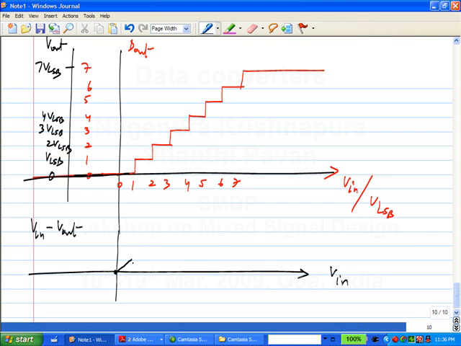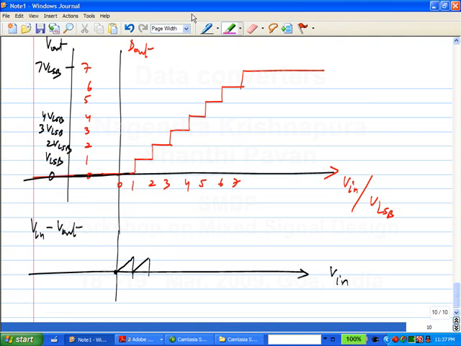At V in equals VLSB, the output jumps. So this curve also jumps. It becomes 0, right? So this is what happens. Every time there is a jump in the characteristics of the A to D converter, there is a jump in the V in minus V out. And between the jumps, it will go with a slope of 1.